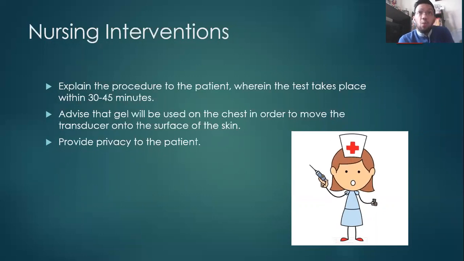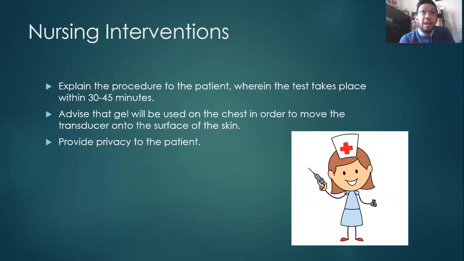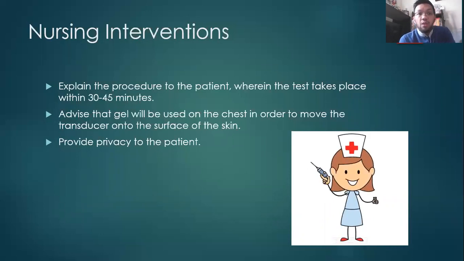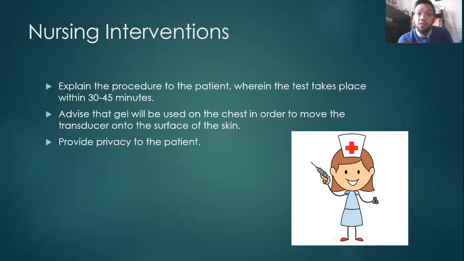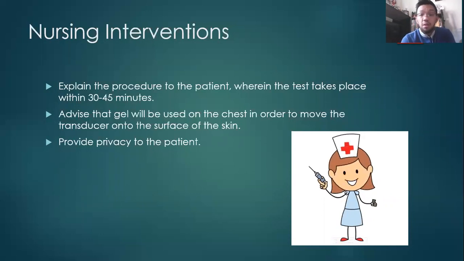Same goes as well when we are going to apply the ECG electrodes on the patient's chest wall. If the patient is also a female, we are going to make sure to provide privacy for that patient, since the female's breasts are going to be exposed in these procedures.